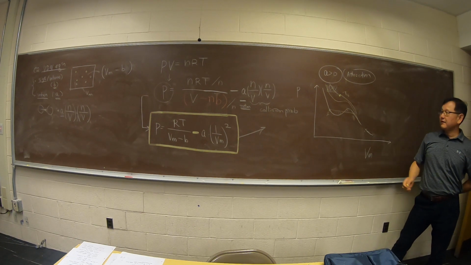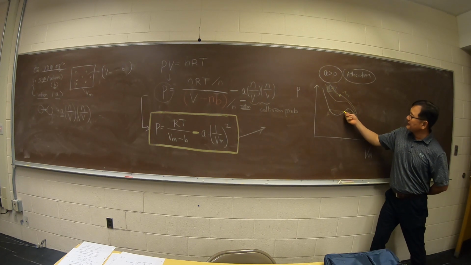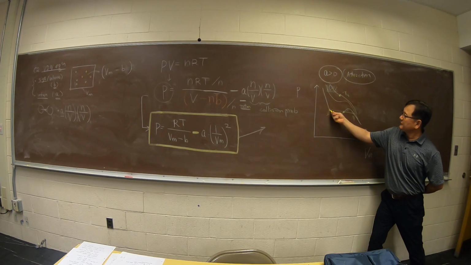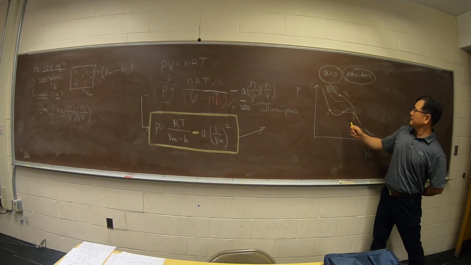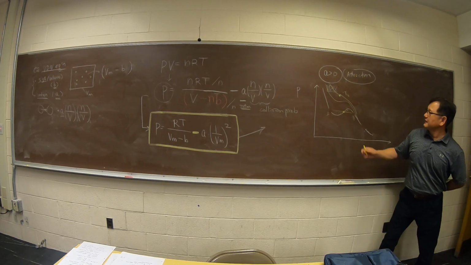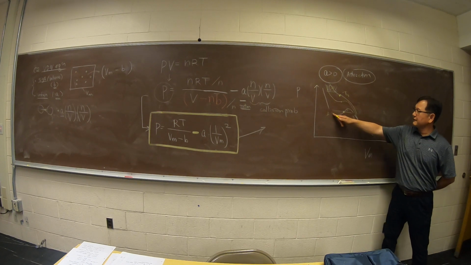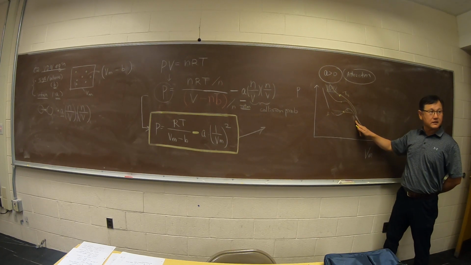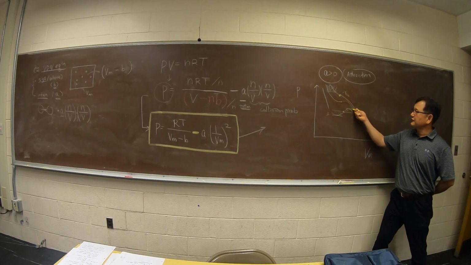If you look at the curve, do you see this point? Just this point. This is where the curvature is changing. And also, you see this point, where the slope is 0.